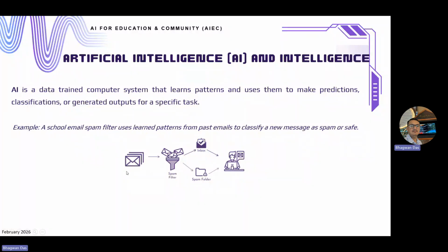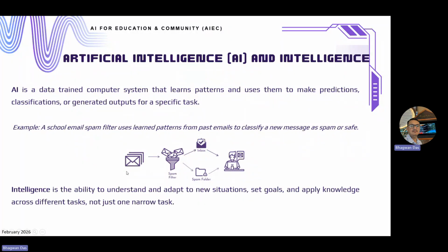Okay, so let's focus on intelligence. What exactly is intelligence? Intelligence is the ability to understand and adapt to new situations, set new goals, and apply knowledge across different tasks, not just one narrow task.